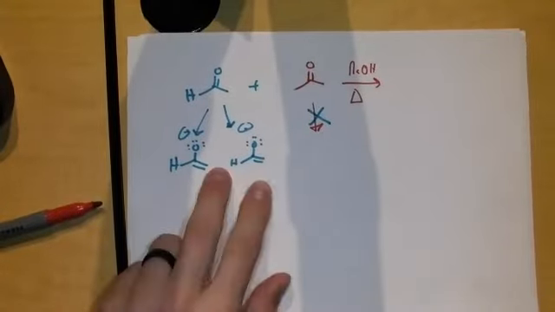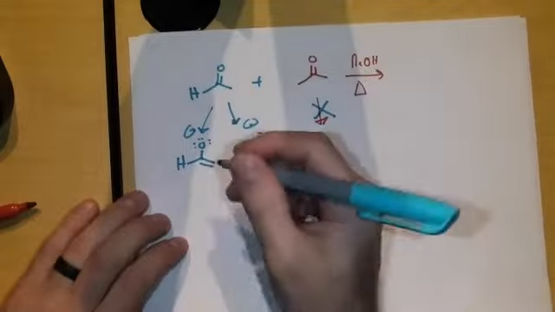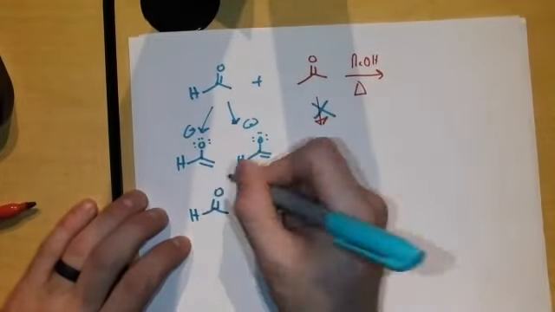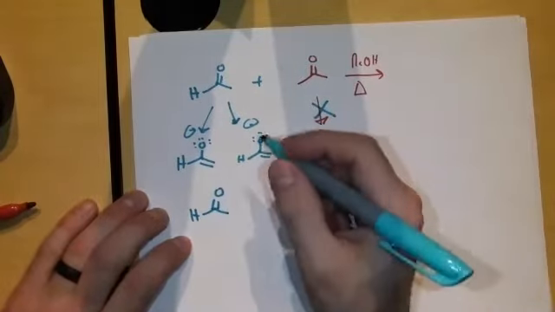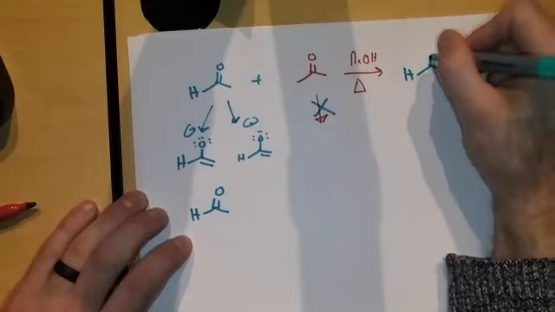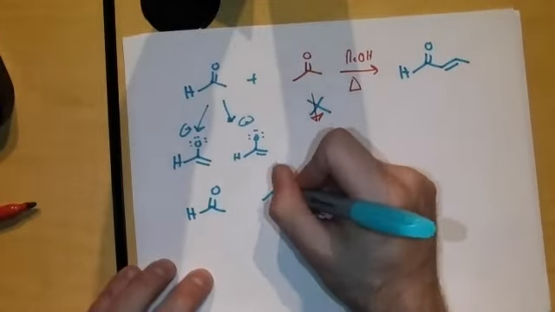It's going to selectively just deprotonate this aldehyde here. And from this point, I can get two different products. So this can either interact with itself, which would give me this aldol condensation, or if it interacts with the ketone.